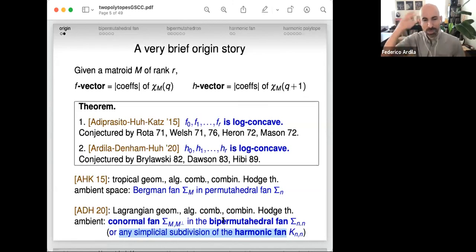We have a new paper that I want to announce out loud so that we feel forced to finish it soon. It's been almost finished for a very long time with June and with Graham. The title of this paper is Lagrangian Combinatorics of Matroids. And the idea is that basically, because the conormal fan lives inside the bipermutahedral fan, you end up having to understand the way that matroid objects interact with bipermutahedral objects.